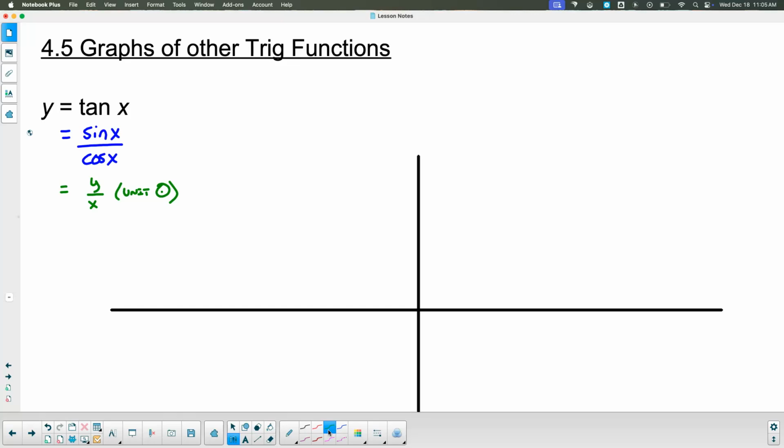Okay. So if we're on the unit circle, then we can go y over x, which is good because let's use the unit circle for us. Now, when we were graphing sines and cosines, we said that our domain was all real numbers. For tangent, is there ever a chance that the tangent doesn't exist?